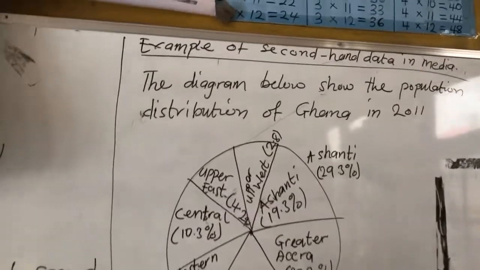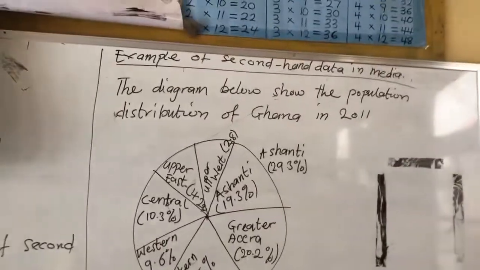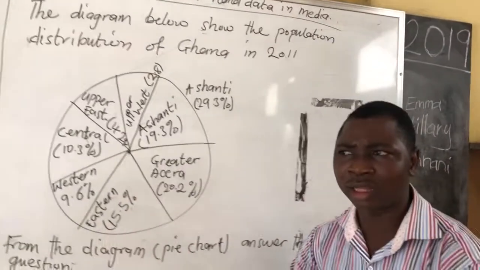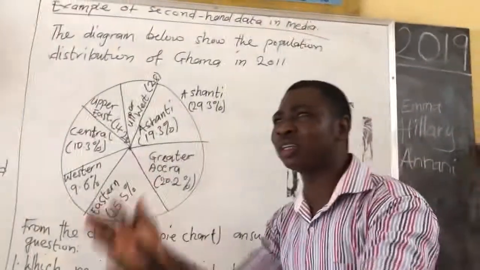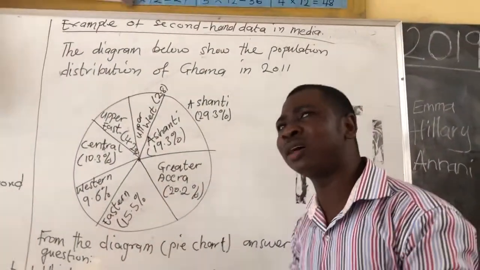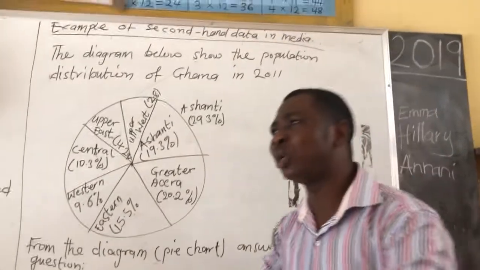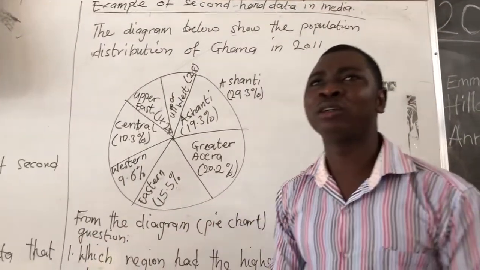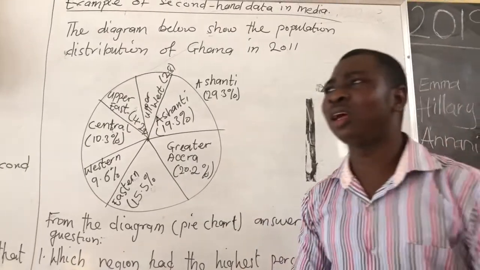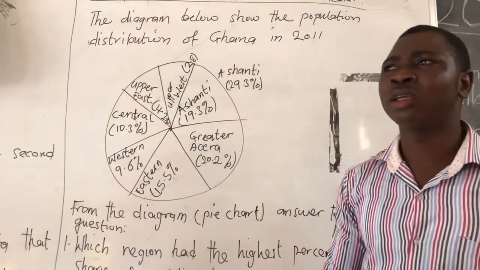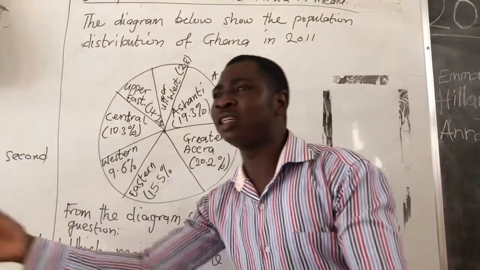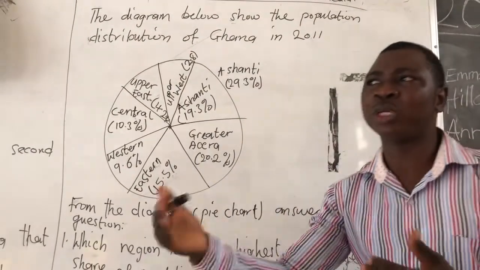When you hear the word second-hand data, it's data not collected by you. Data collected by someone else becomes secondary data. So maybe data in a magazine, information from the media, information from a graphic, and information from textbooks becomes second-hand data.